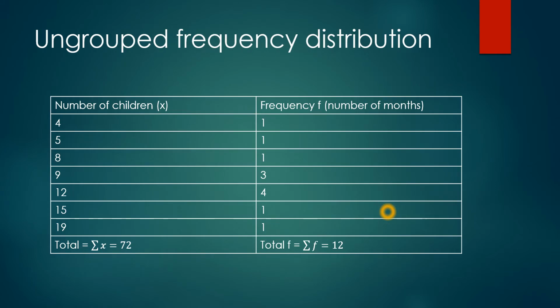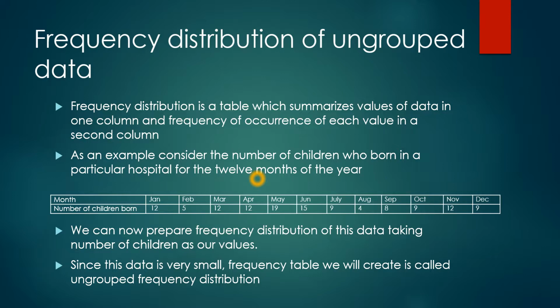As you can see, we said in the previous slide that for 12 children, the frequency, or the number of months, was 4. For 9 children, there were 3. And if you look back in the table and count the rest of the months, we have one frequency. If you look at February, we have 5 children.